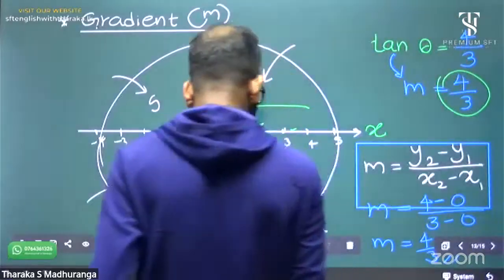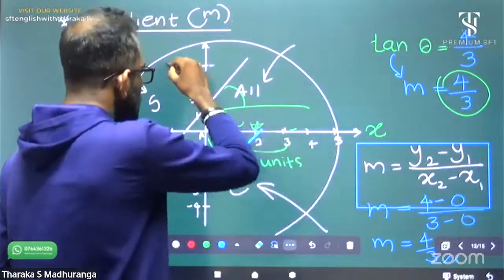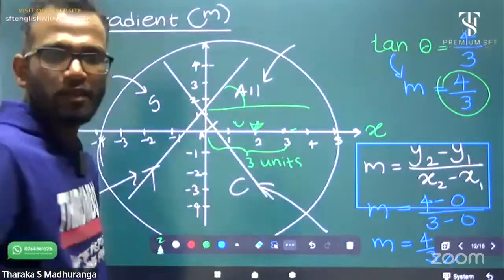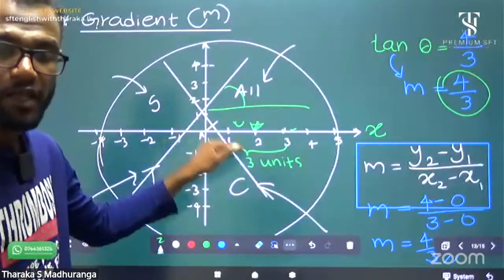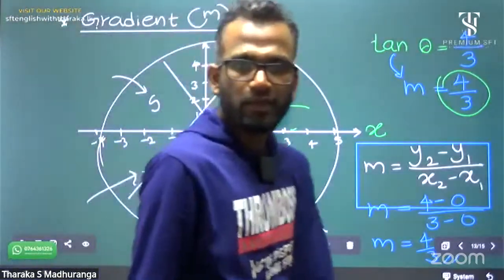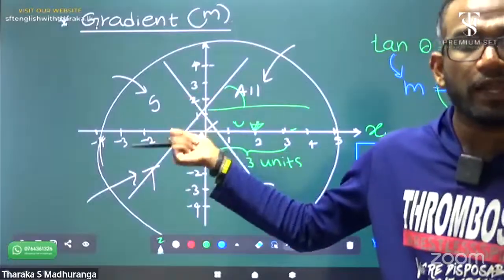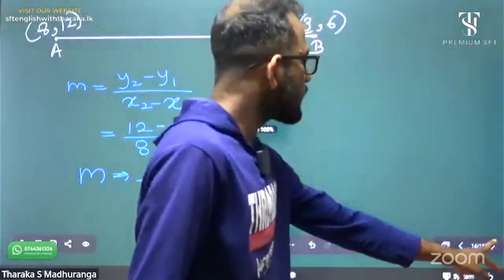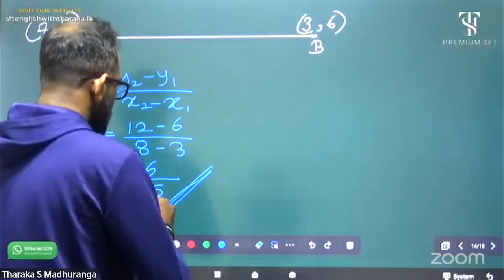But any straight line going in this direction, what happened? Always in these circular bases, tan is negative. They are negative gradients. Tan negative means gradient also negative. Okay, now you can decide. This is which direction?